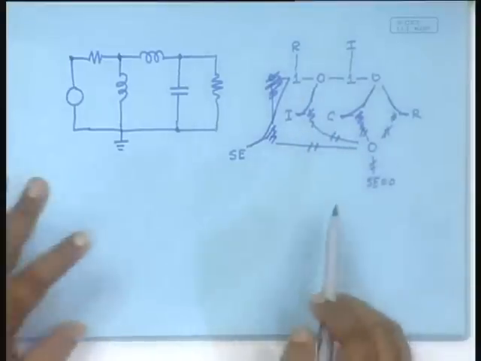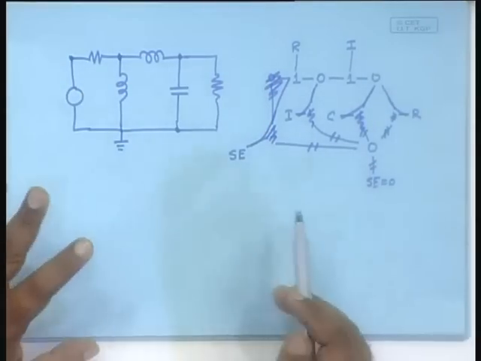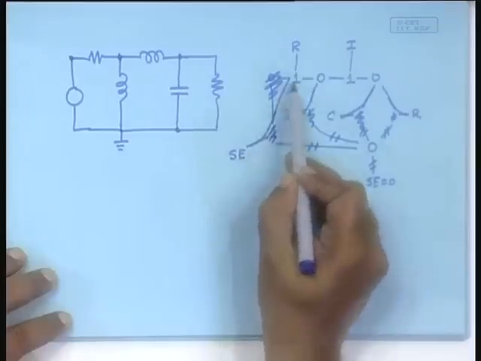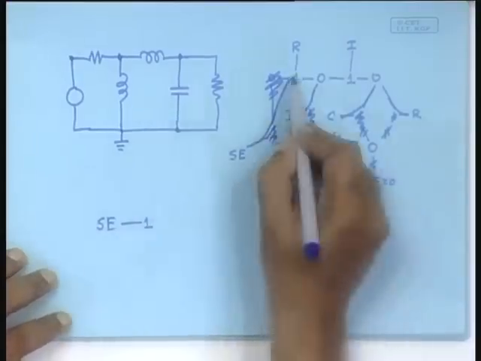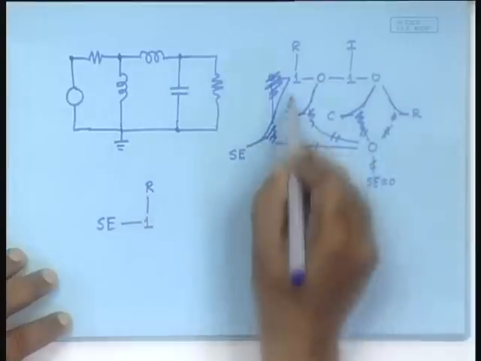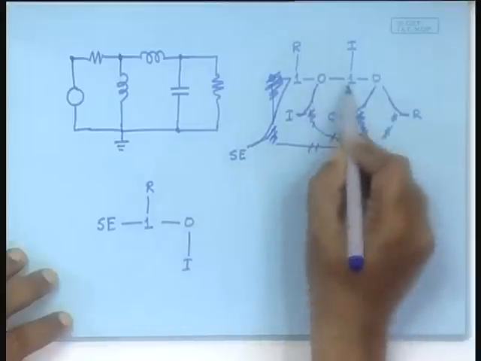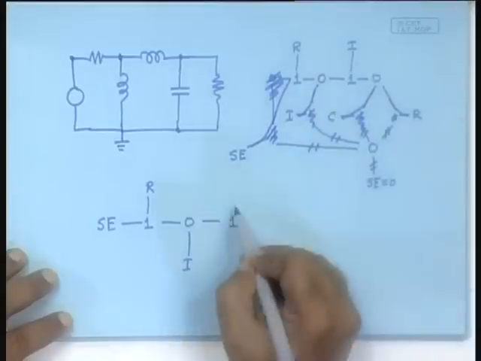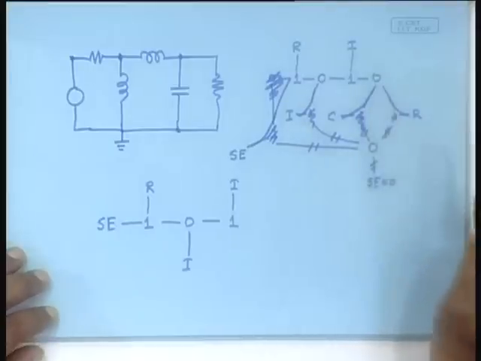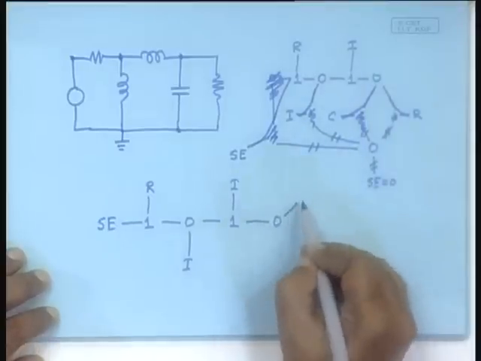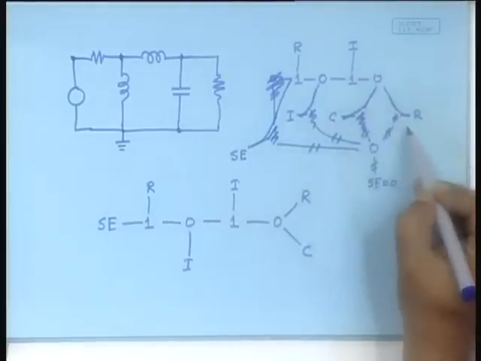Now at this stage it looks ugly, so let us just redraw it in a more handsome way. What will you say? SE connected to 1, connected to R, connected to 0, 0 is connected to I, connected to 1, the 0 is connected to 1, to I, to a 0, to R and C, that is it, right.